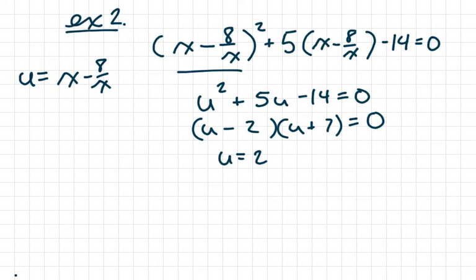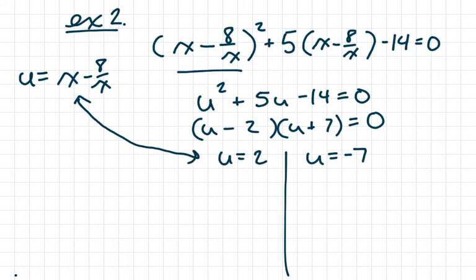And the other u is negative 7. Okay, great. We're not trying to solve for u, though. We're trying to solve for x. So I'm going to sub back in my crazy thing. So here I have x minus 8 over x is equal to 2. And x minus 8 over x is equal to negative 7.